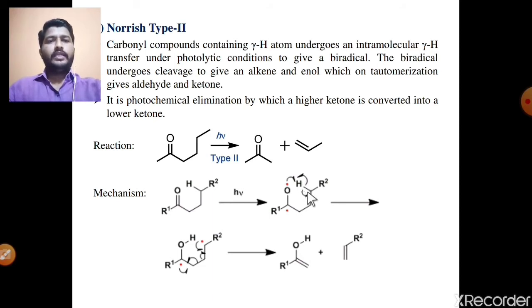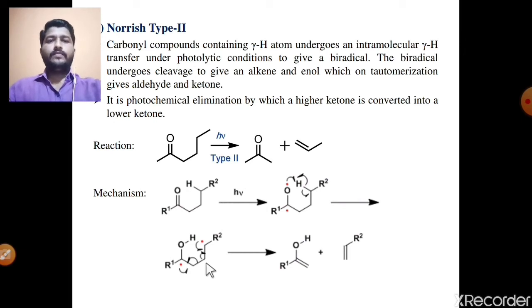There is a homolytic cleavage of this bond between carbon and hydrogen, meaning one electron shifted towards the hydrogen and the second electron shifted towards the carbon, meaning there is an H radical formation, and this H radical is abstracted by this O radical, it gives finally OH, and there is a formation of two radicals, meaning a carbon radical and this second carbon radical from the carbonyl carbon.